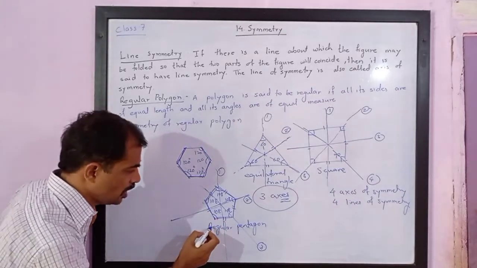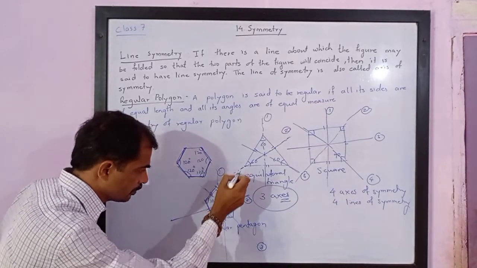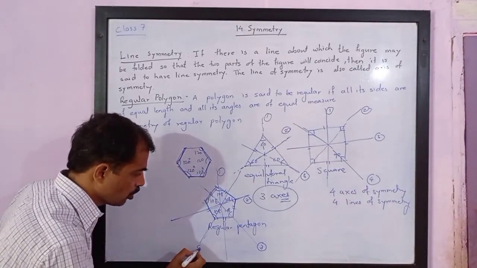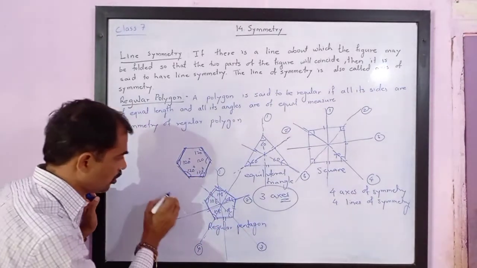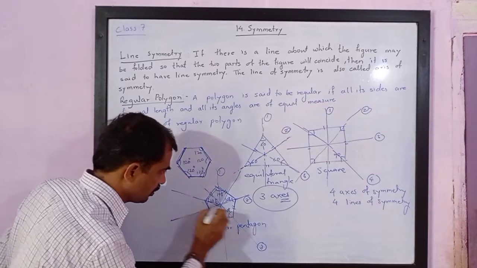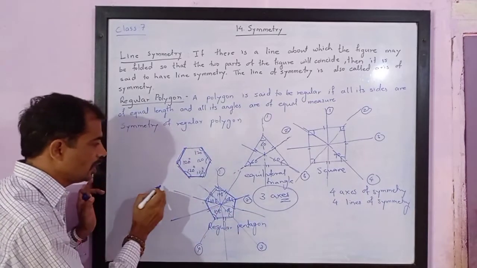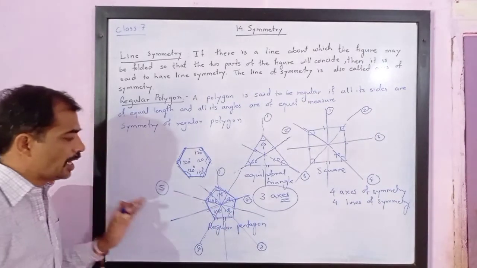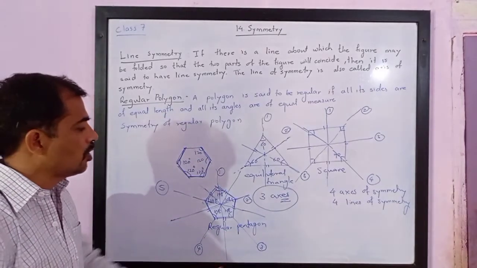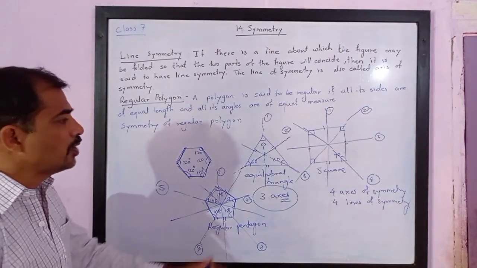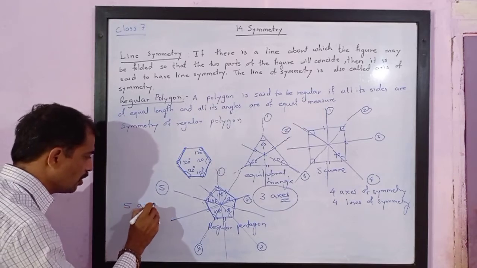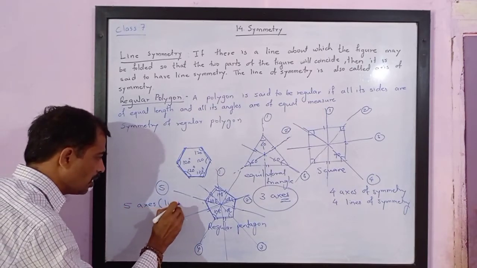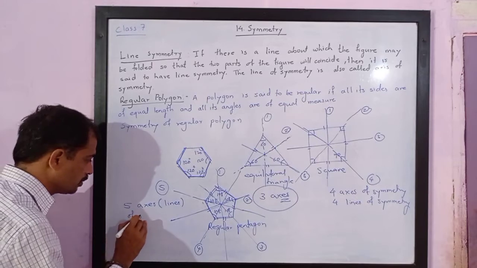Now, if I draw from this vertex, then also all parts exactly match. If I draw from this vertex, you will again see that all parts exactly match. So this regular pentagon has 5 axes of symmetry, or 5 lines of symmetry.